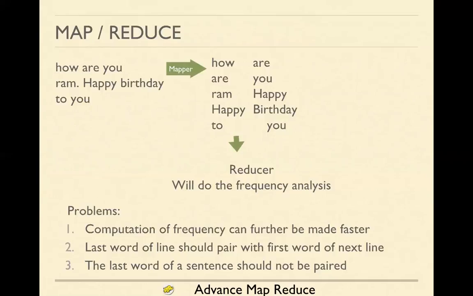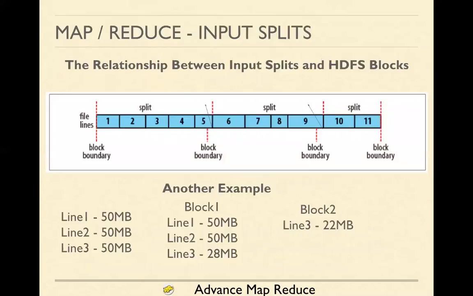Okay, but this kind of problem can be solved by using various kinds of input split rather than simply text input split. Okay, so now let me discuss in detail how Hadoop transforms the raw block of data into something meaningful.